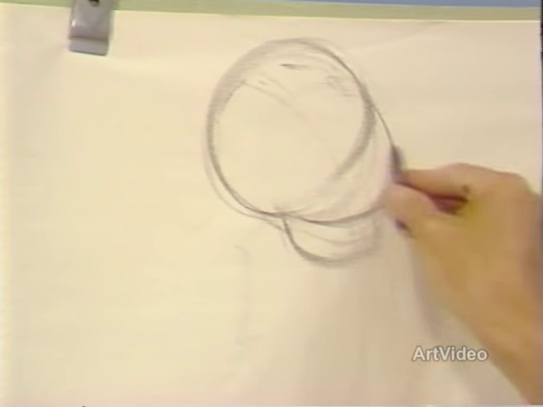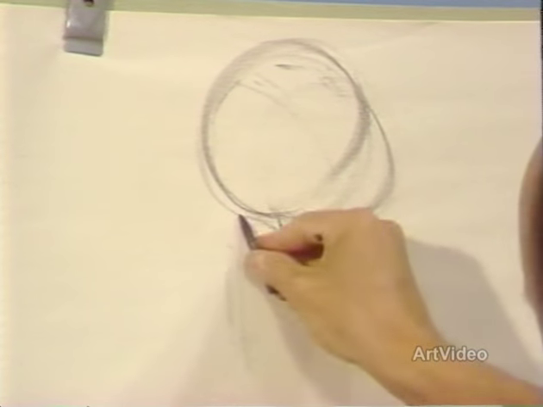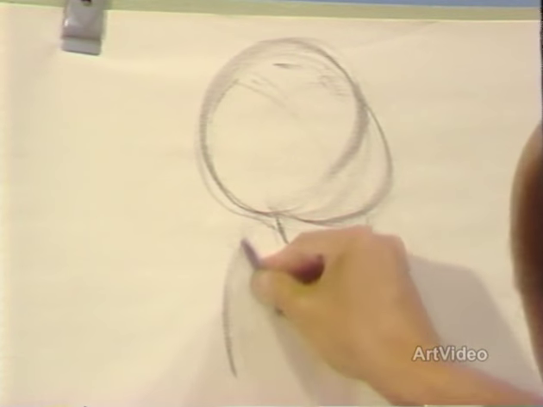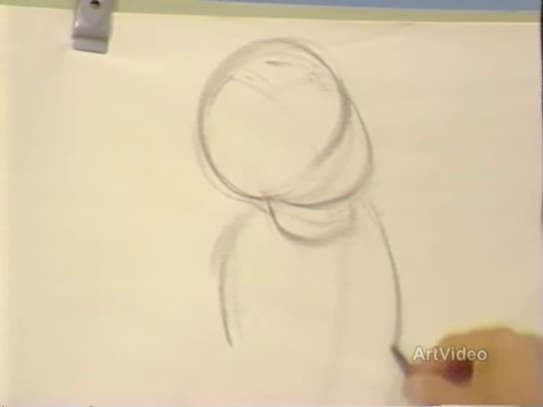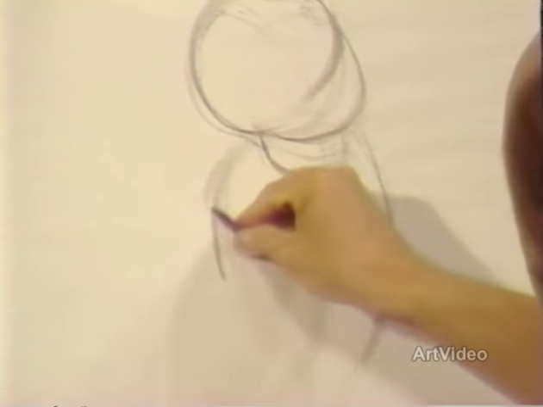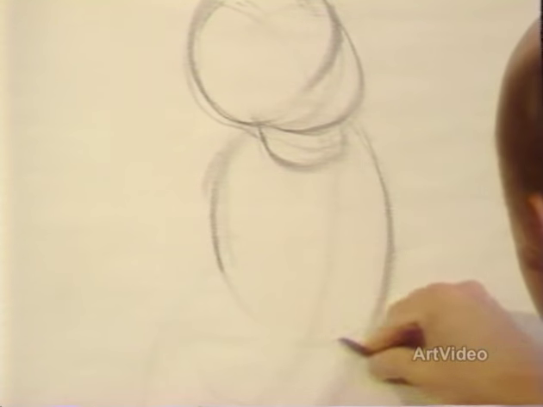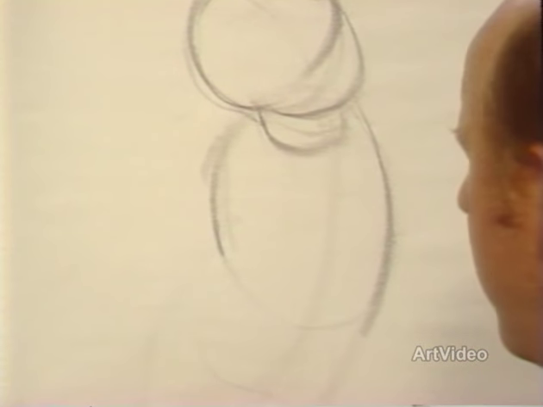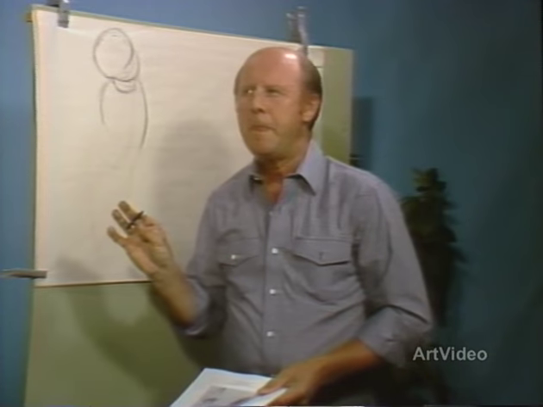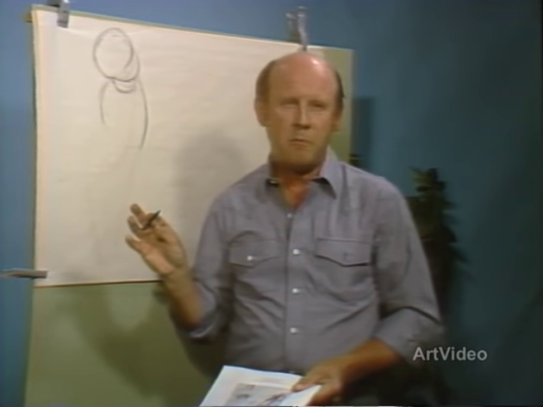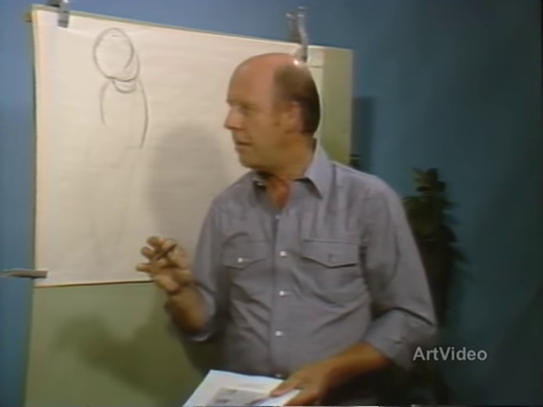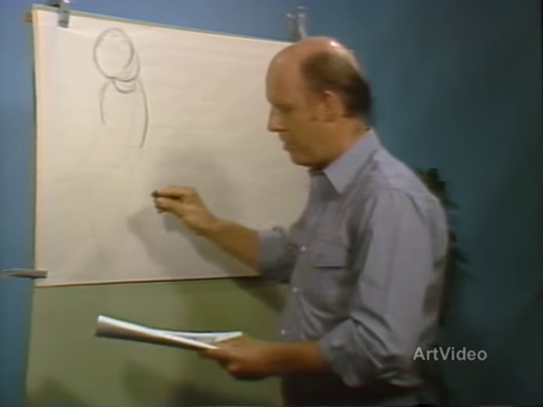The torso becomes, again, this simple volume. So right now, the basic thing I'm talking about is that the drawing is really more like a drawing of a mannequin than what we're used to thinking about as an anatomical type of structure.